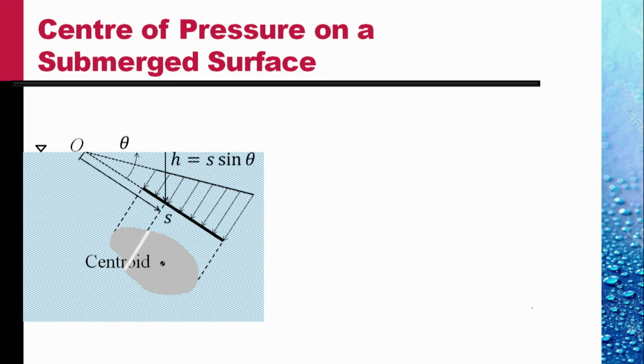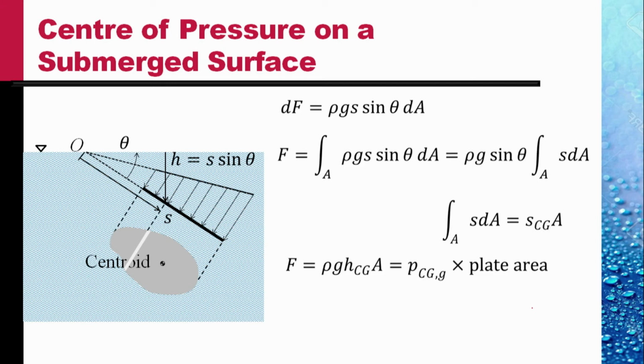If we measure s, the distance from the free surface along the slope of the plate, at any location s, the depth from the free surface is s sine theta. And the force on a strip of width ds on the surface would be rho g s sine theta into area dA of that strip.